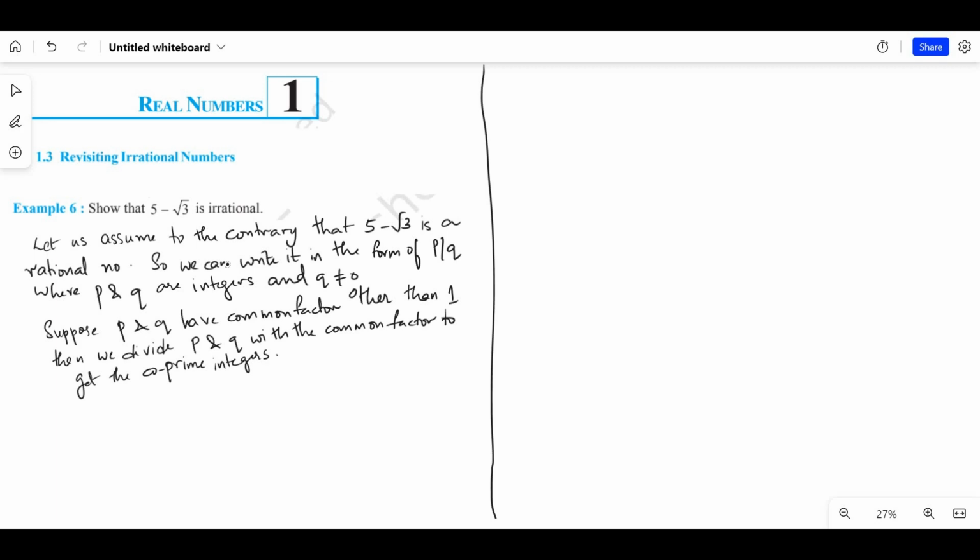Thus we cancel out the common factors from both p and q and make p and q as co-prime integers. So let's write 5 minus root 3 in the form p by q.